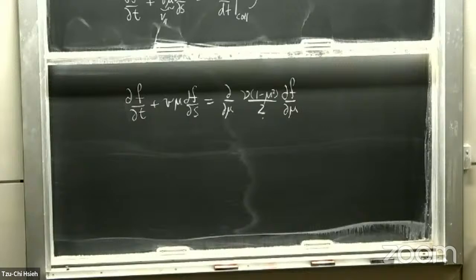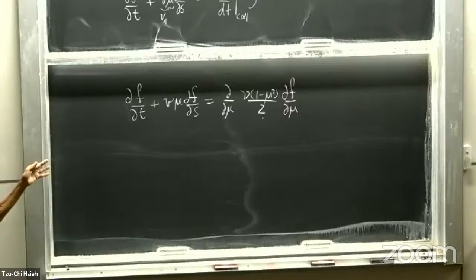So we started with a very general and complicated looking equation and boiled it down by making these assumptions to a much simpler, but still somewhat complicated equation.